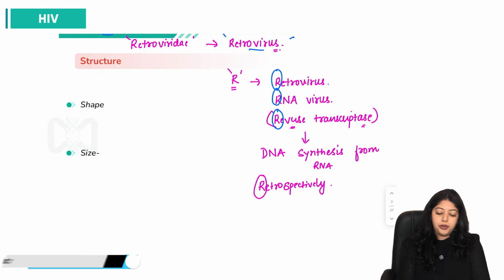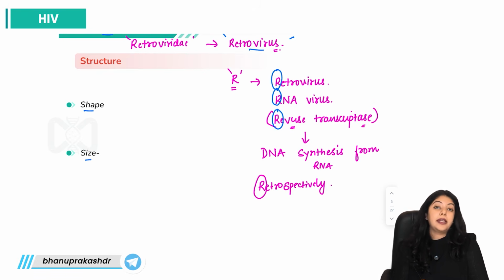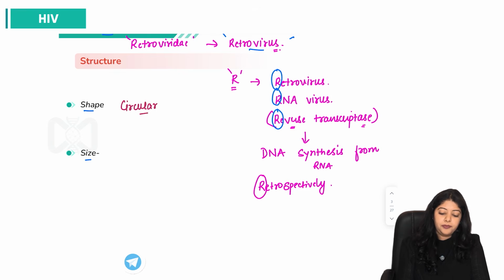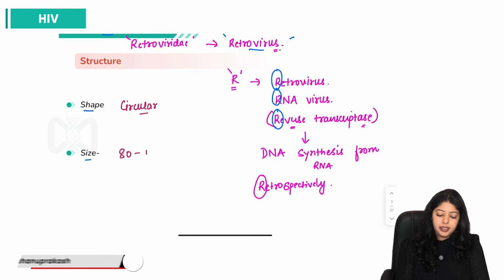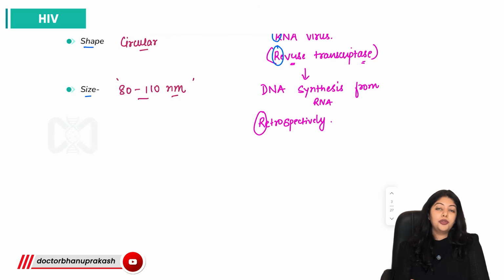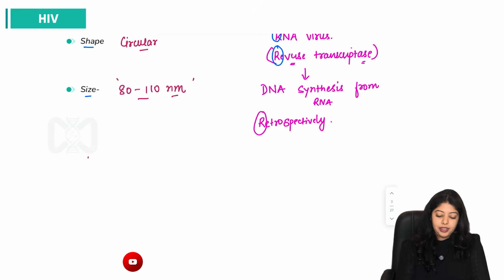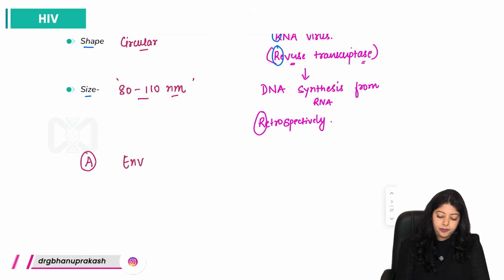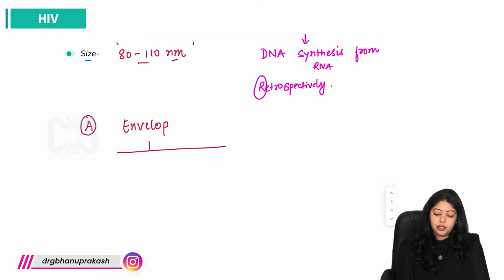Now talking about its morphological characterization. Firstly, it is circular in shape and it measures around 80 to 110 nanometer. The HIV virus is composed of certain elements. Firstly, let us talk about the envelope. Now, the envelope also has two components.